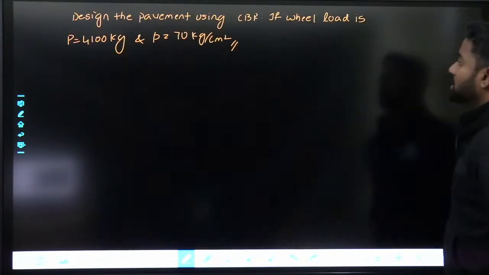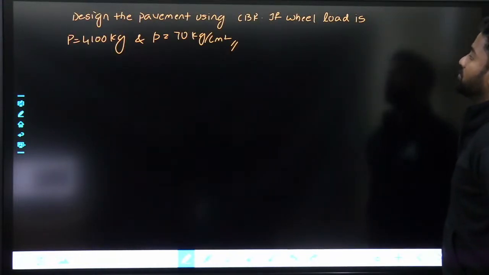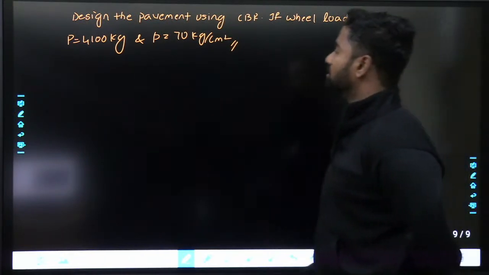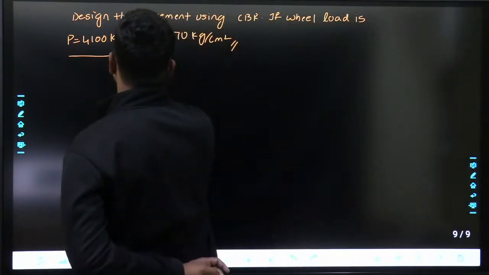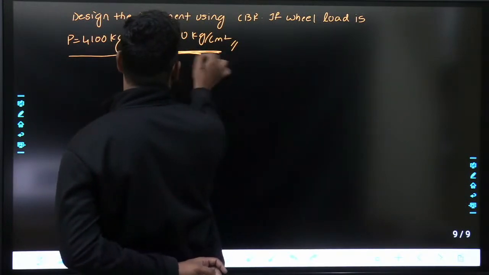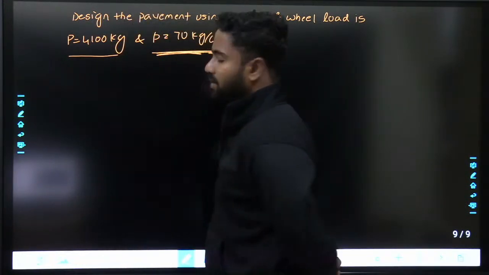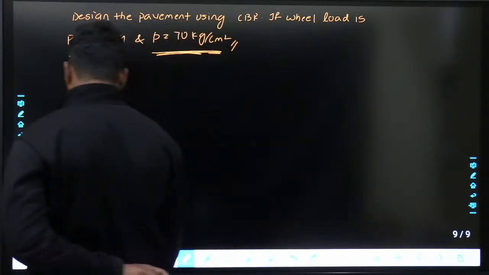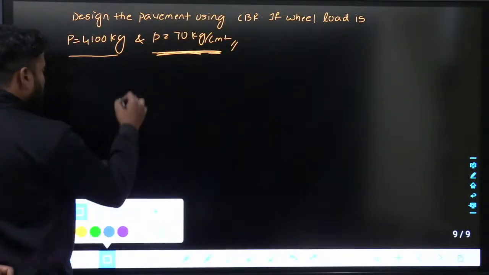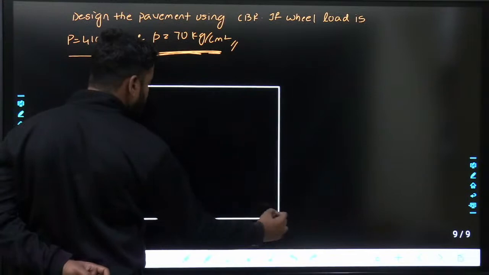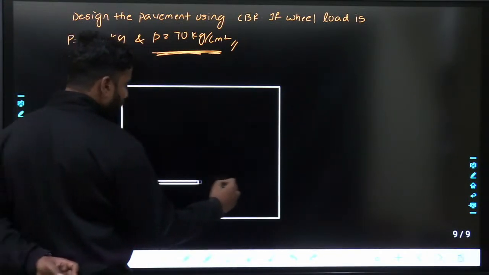And then he is saying design the pavement using CBR if the wheel load is 4100 kgs and small p stress is given as 70 kgs per centimeter square, right? So first you have to understand what exactly is provided over here.